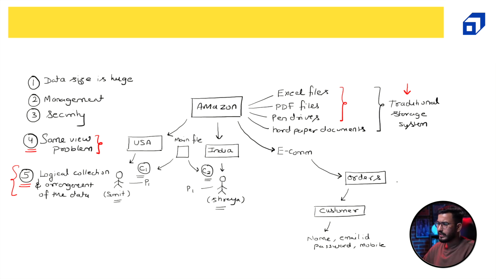Then each order will be associated with a product. Which product was ordered? Let's say product number 1 was ordered, and this customer ordered product number 1. So there will be product details. Then each product will be associated with a vendor. As you already know, Amazon is a marketplace which connects various vendors to the customers.